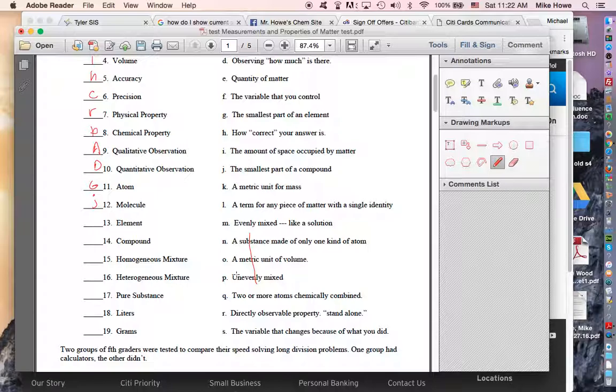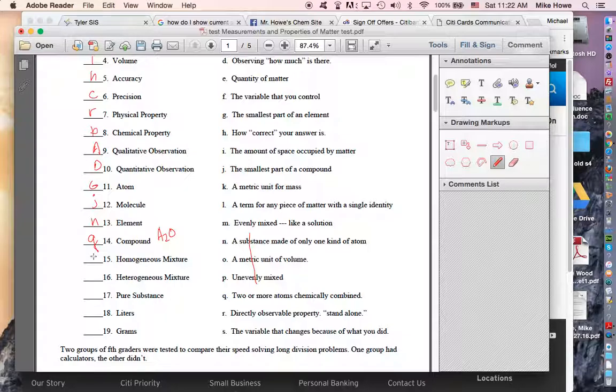Element. There it is, letter N. It's a substance made of only one kind of atom. However, a compound is two or more atoms that are chemically combined. So compounds have two or more atoms, like H2O, H and O, but they're chemically combined.